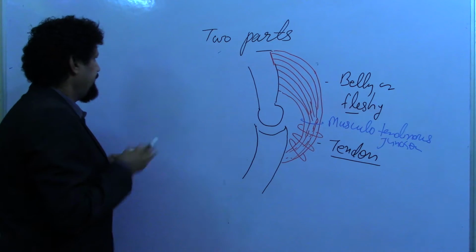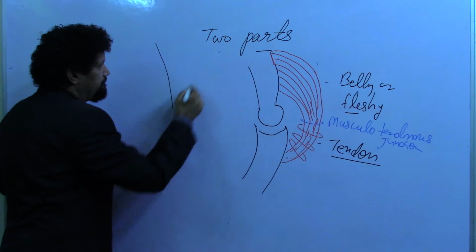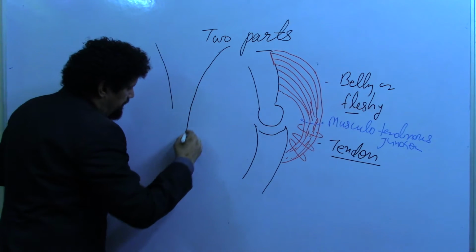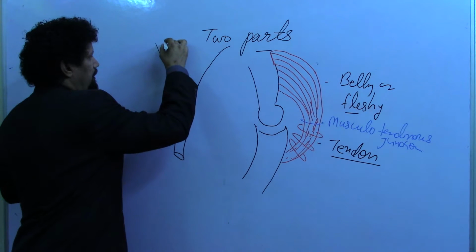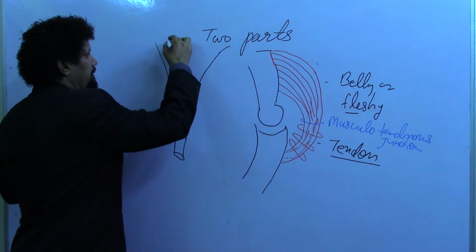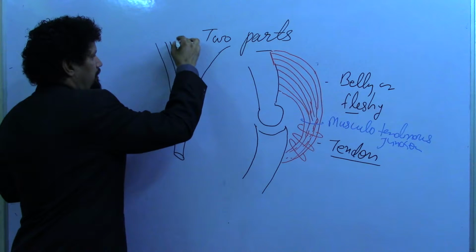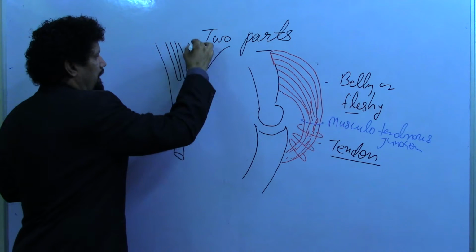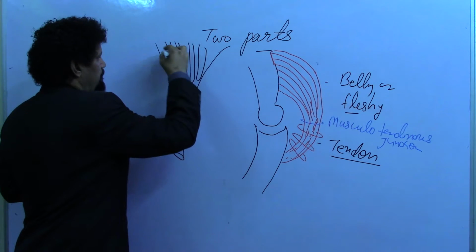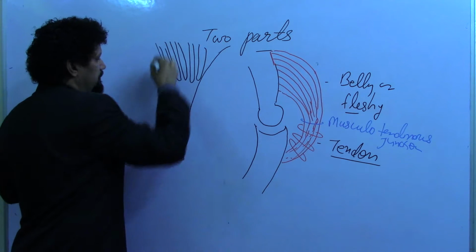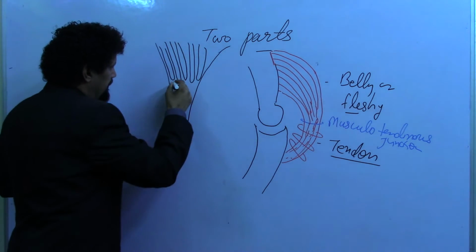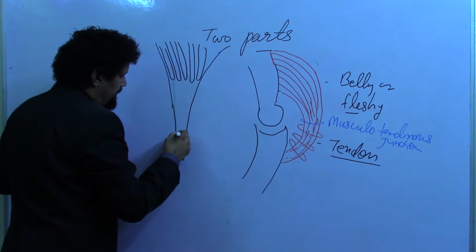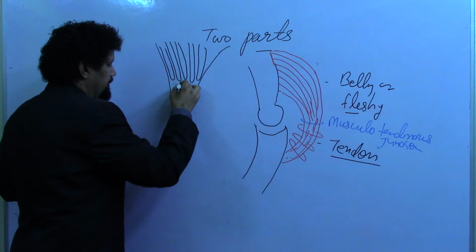Here I will draw again the fleshy part of muscle and the cord-like or rope-like structure, the tendon. These are the muscle fibers ending here at the myotendinous junction. On the other hand, there are the dense connective tissue fibers in the tendon.